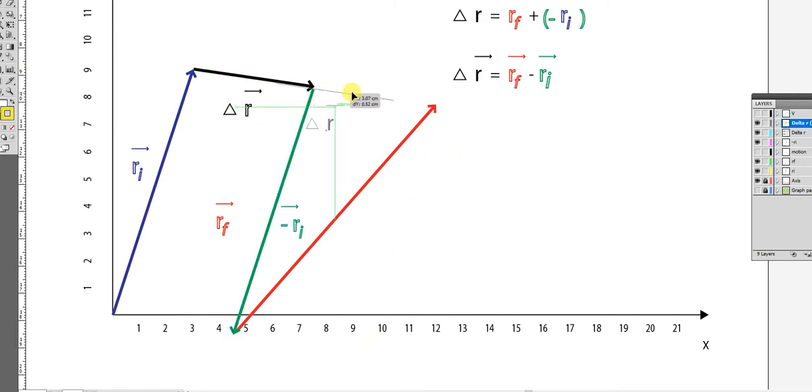You get the point? So either minus R initial plus R final, or R final plus minus R initial will give me the same result, delta R.